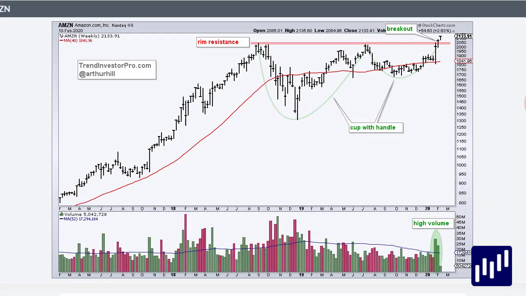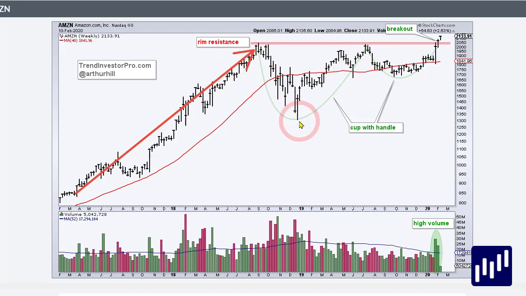Now, I would call this the mother of all cup with handle patterns because it is huge, huge. There you can see Amazon with this big move up in 2017 into 2018 and hitting 52-week highs in the summer of 2018. And then you had a very sharp decline, a move back up to resistance, and this is what forms the cup.